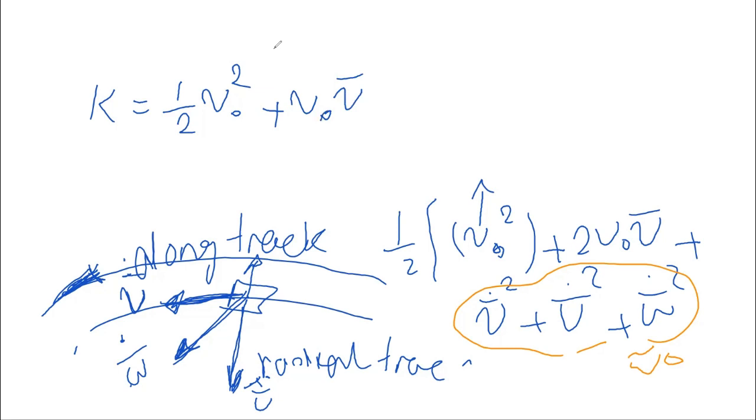This kinetic energy can be connected to the potential energy by this equation. If you remember, kinetic energy plus the potential is constant, and it is equal to GM over 2a.